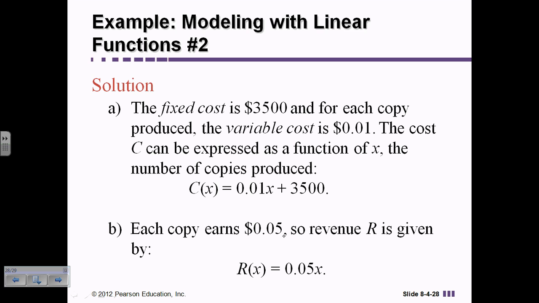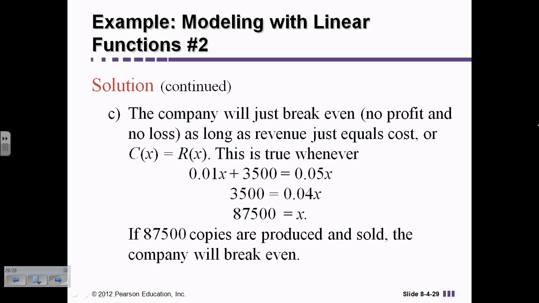A copy earns 5 cents. So 5 cents per copy is his revenue, how much money he's making. So I'm going to break even when the amount it costs me to make the copy equals the amount that I sell them for. So again, we're going to subtract 0.01 from both sides, and we get 0.04.